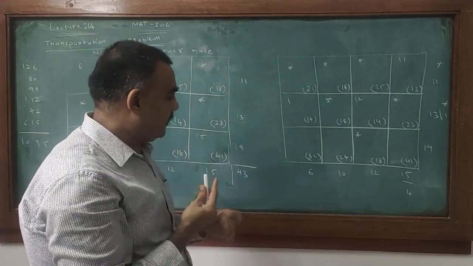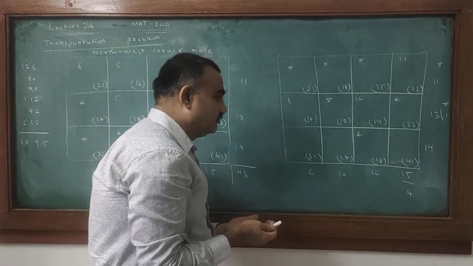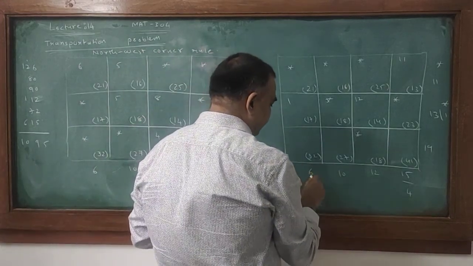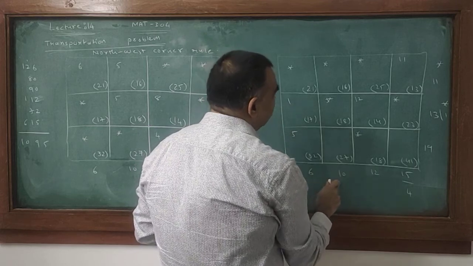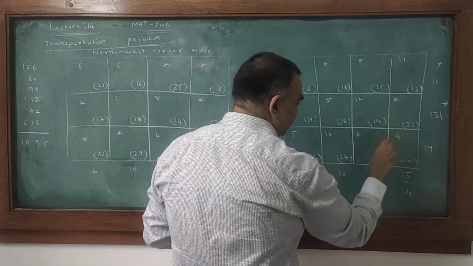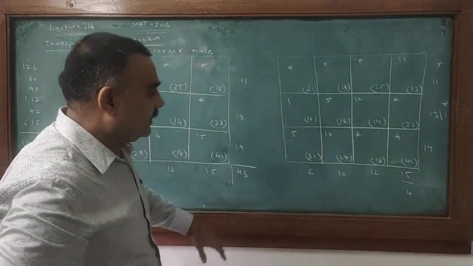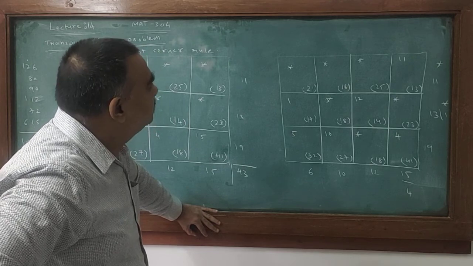Now the last one remains, and therefore we have to do the flow there. It means 6, 5, 10, 15 and obviously 4, and therefore it is 19. So how much does it cost us?